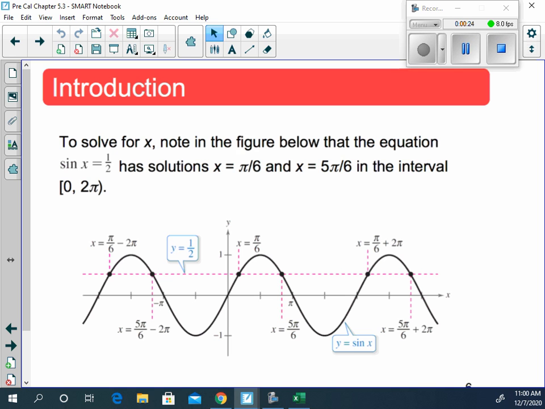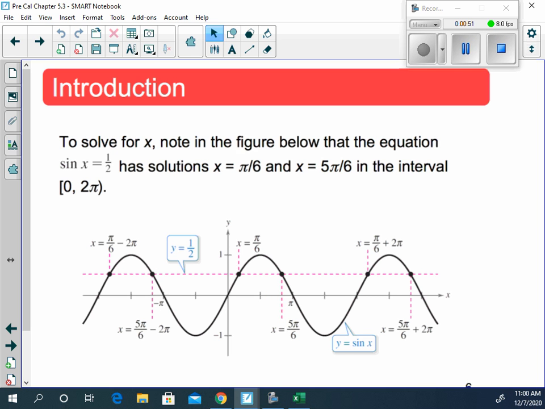Yes? It's also the same at 5 pi over 6, as well as pi over 6 plus 2 pi. Because every 5 pi over 6 that we can have, adding 2 pi or subtracting 2 pi, will be an answer, because it repeats every 2 pi in either direction.